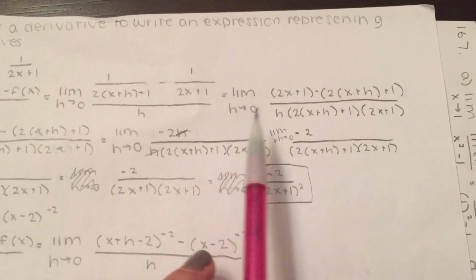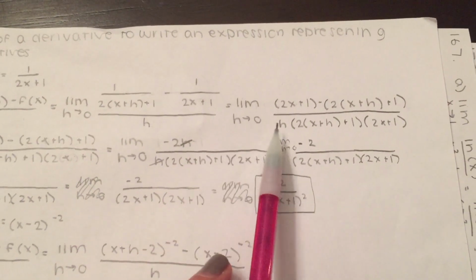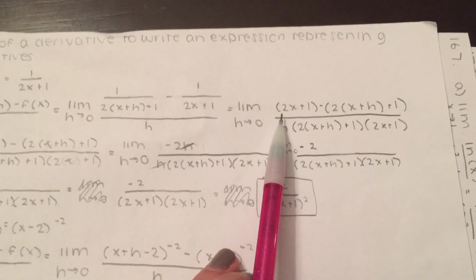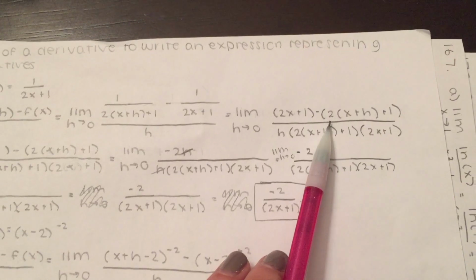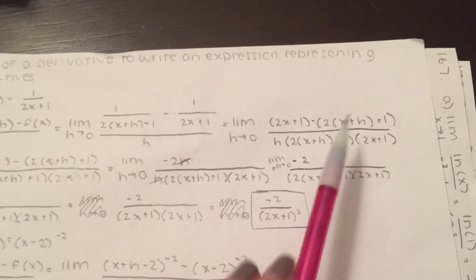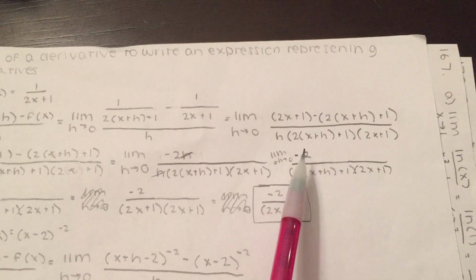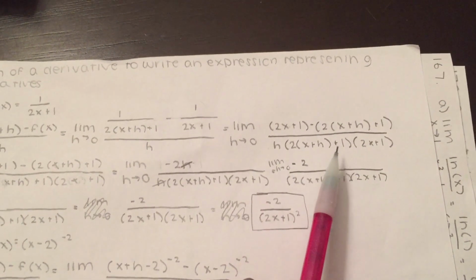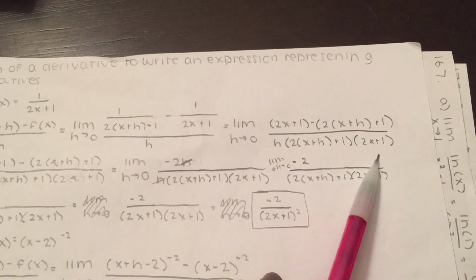So we start by simplifying this equation, so it becomes 2x plus 1 minus 2 times (x plus h) plus 1, over h times 2x plus h plus 1 times 2x plus 1.